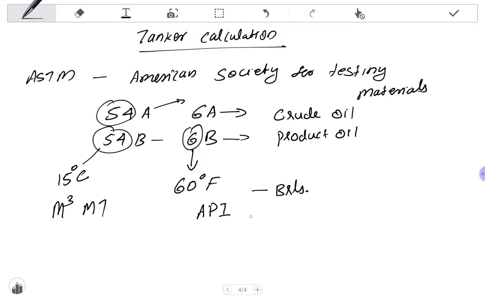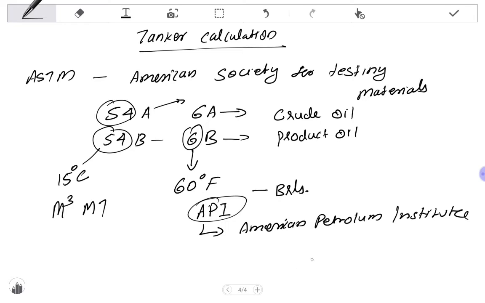Now what is API? API is the short form for American Petroleum Institute.